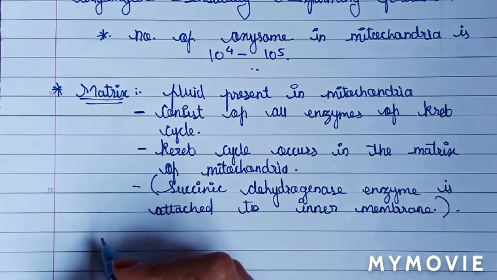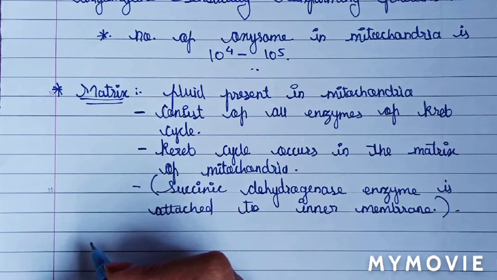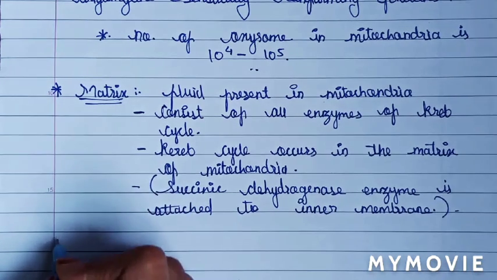Now we will talk about DNA. We have seen in the structure, the rounded structure in which the thread-like structure is present. It is a DNA. Now we will see the DNA of mitochondria.